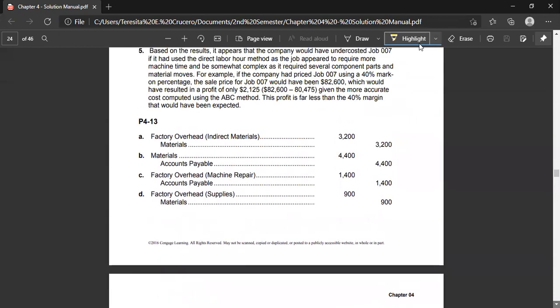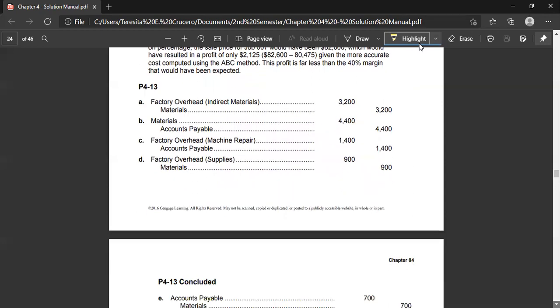Hughes Products Incorporated uses a job order cost system. Selected transactions dealing with factory items for the month follow. A. Requisition indirect materials from storeroom, 3,200.